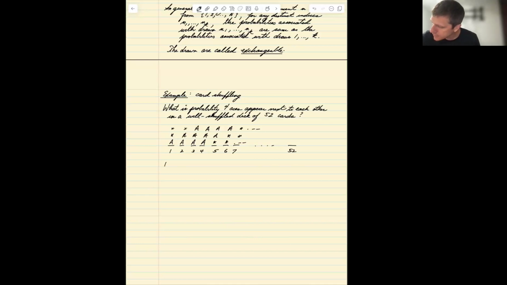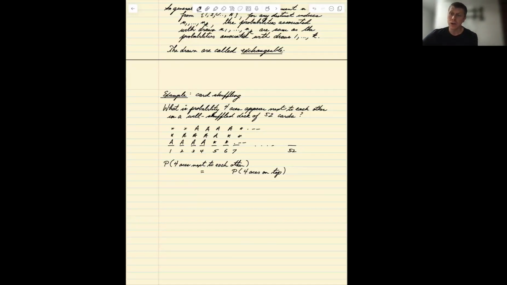But it's actually greatly simplified by realizing that for the four aces next to each other, each one of these has exactly the same probability. So it's equal to the probability that the four aces are all on top of the deck times how many different possibilities there are.